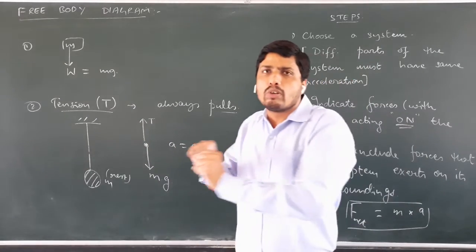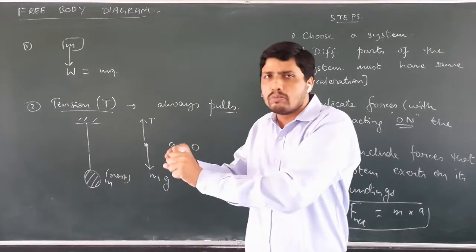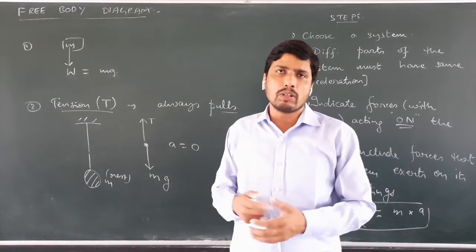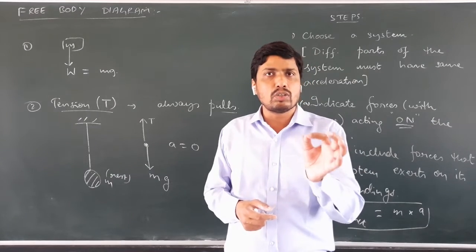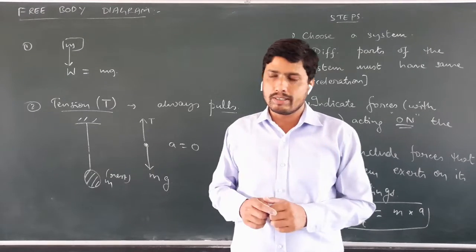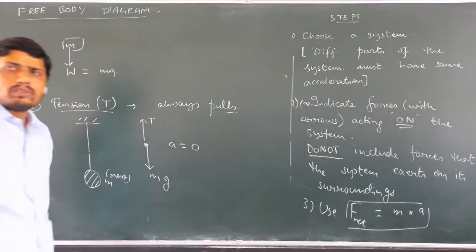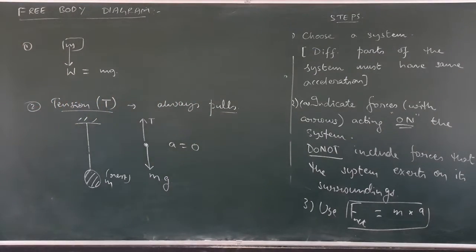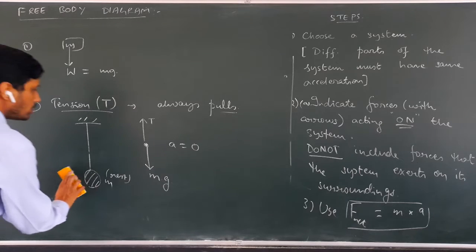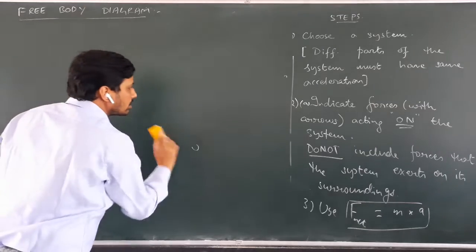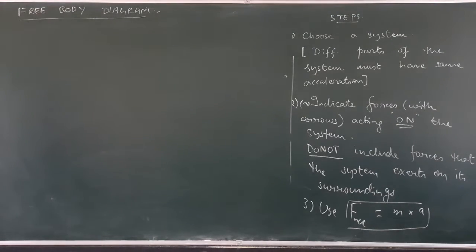But I cannot push the block using that string, because the moment I try to push, the string will become loose and tension will become 0. Remember, tension is 0 in case of a loose string. And then we have to draw the free body diagram and apply Newton's second law of motion. Net force is equal to mass into acceleration. With these important concepts, let us now try to solve some questions.